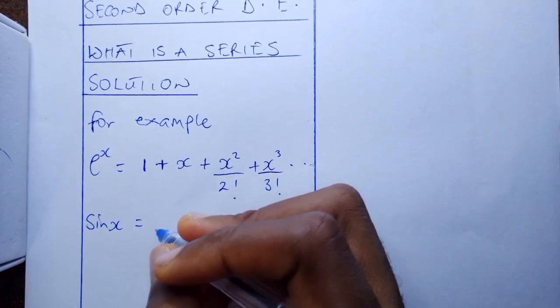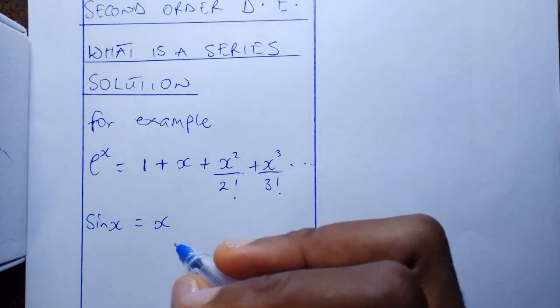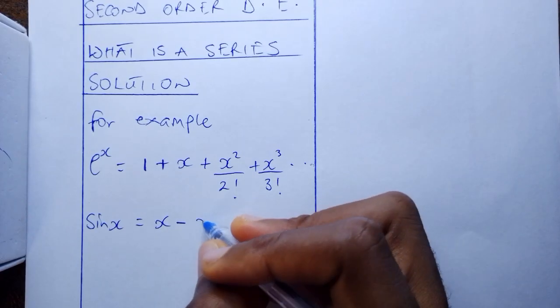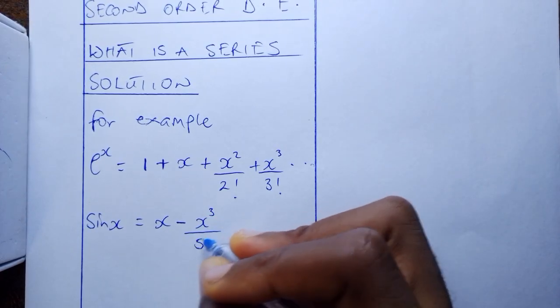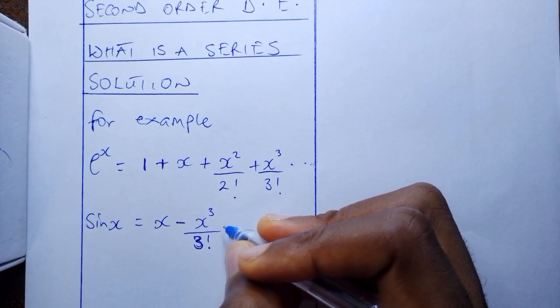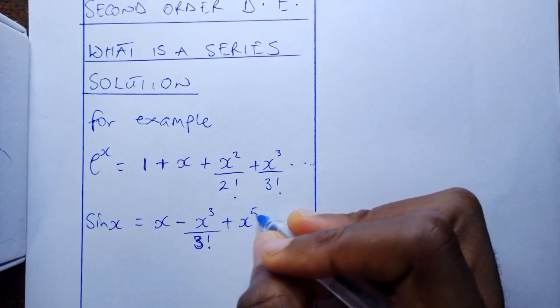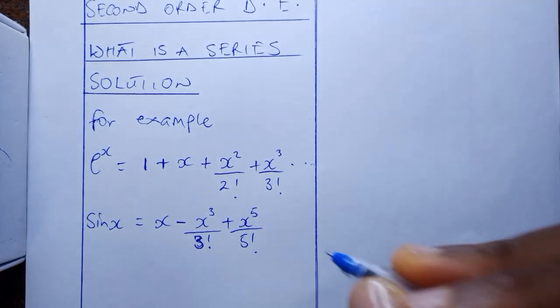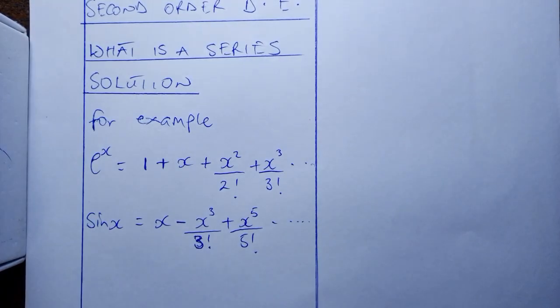Its series form is x minus x cubed over 3 factorial plus x to the 5 over 5 factorial. The trick is: minus first, then odd numbers. Minus x cubed over 3 factorial, plus x to the 5 over 5 factorial.